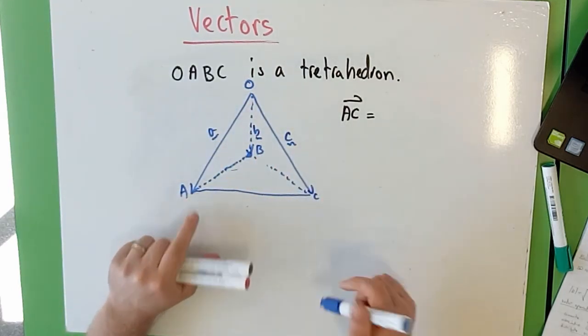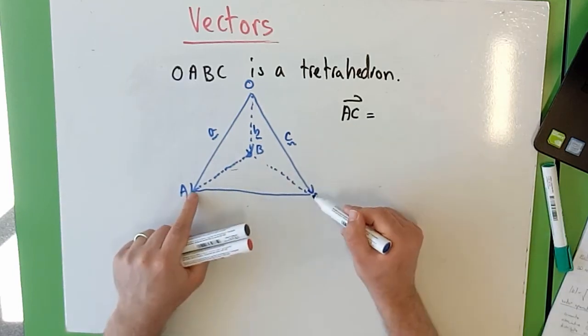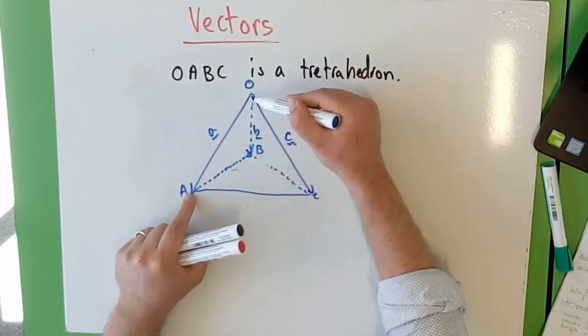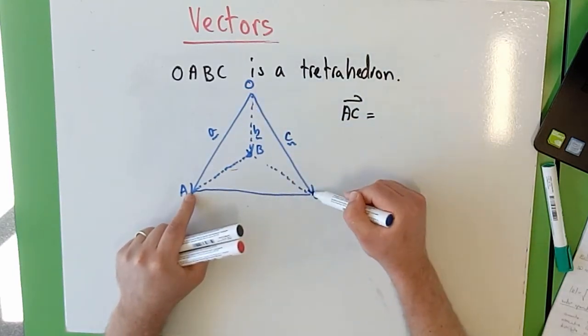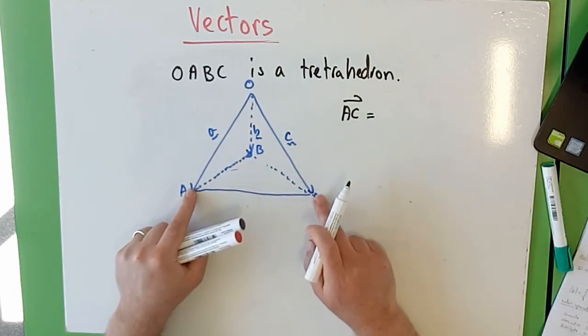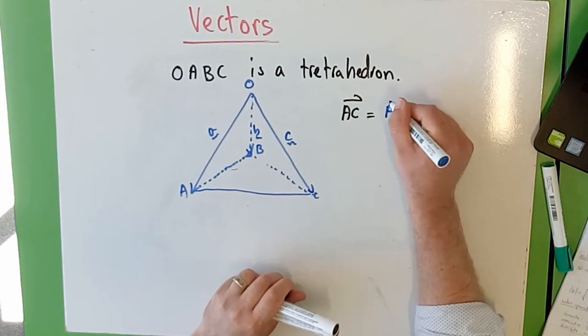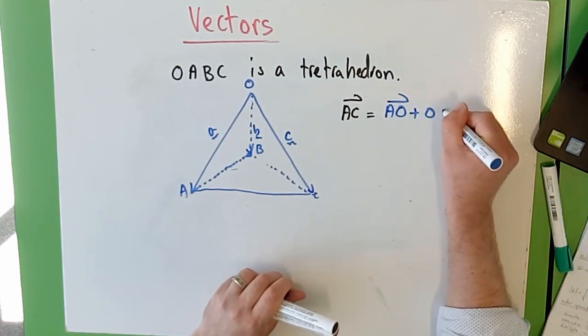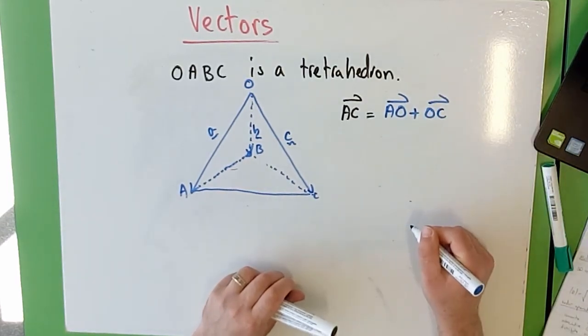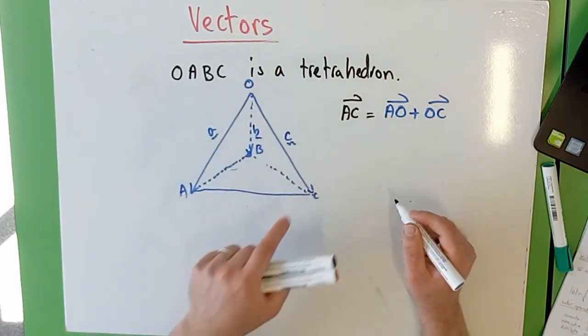Well, that's easy. Instead of just going A to C, I go A to O, and then O to C. That gets me from A to C. So I go A to O plus O to C. That's like the polygon shape we did before.